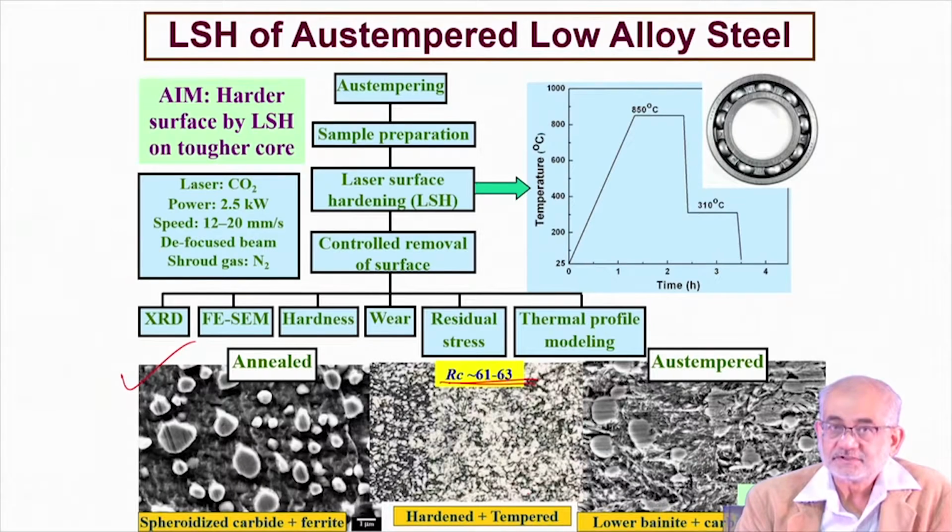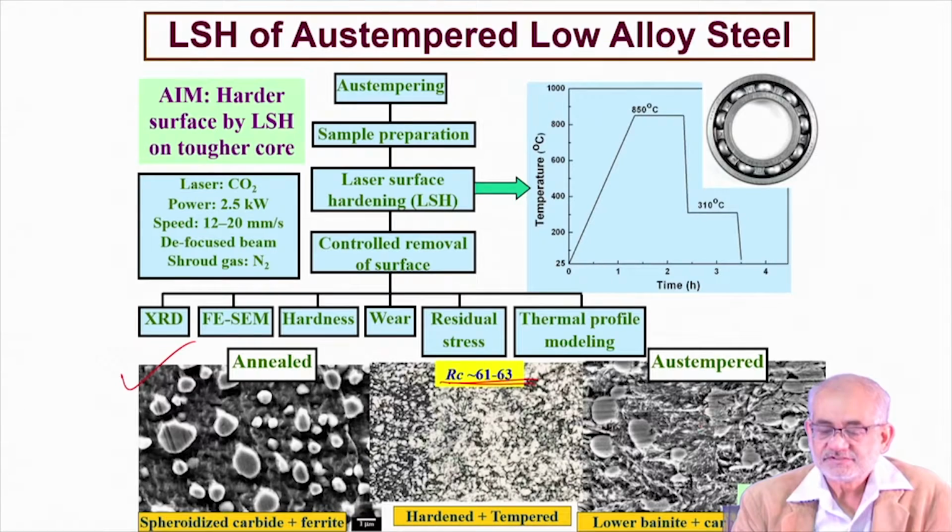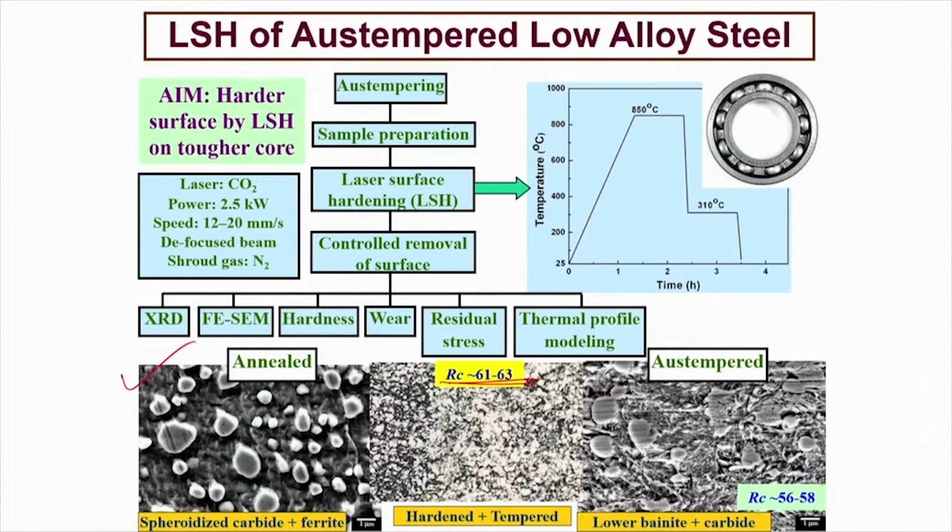In hardened and tempered condition you have tempered martensite, but in austempered condition, which is bainitic microstructure, you sacrifice some amount of hardness. But what is more important is that you also attain in the bargain a much higher toughness, and because of the slight softening effect, the toughness increases.